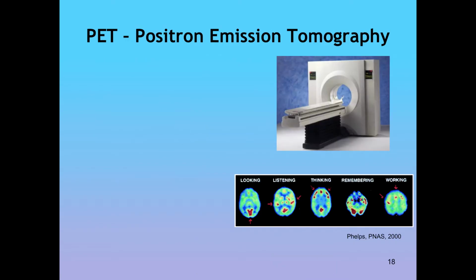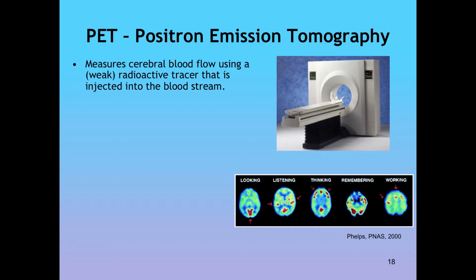So let's look at some of these techniques, starting with PET, or positron emission tomography. Here we're measuring blood flow in the brain by injecting a weak radioactive tracer into the subject, which goes into their bloodstream. So technically this is an invasive technique because you're introducing something into the subject's body.